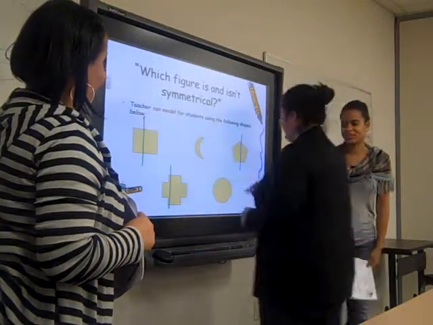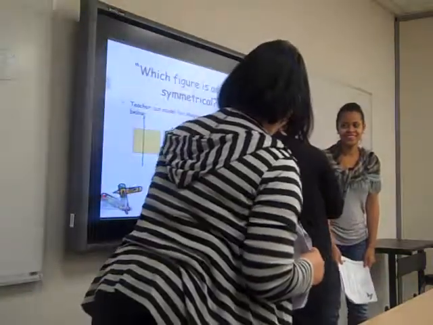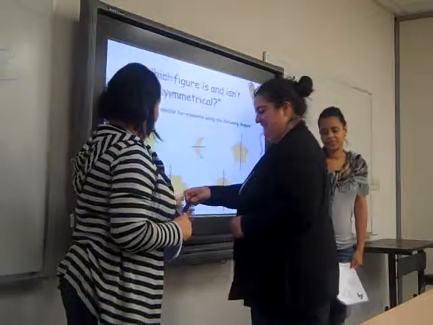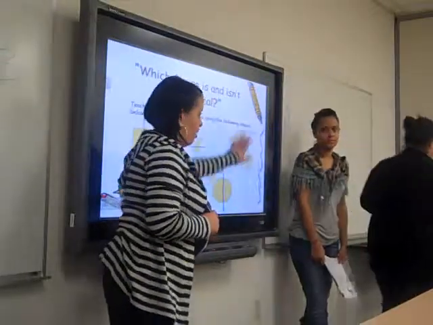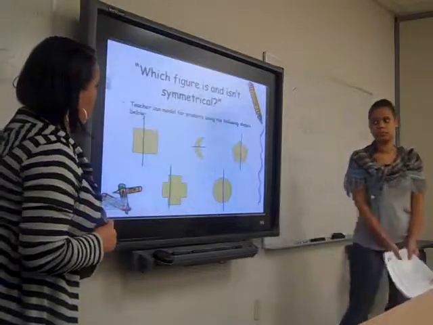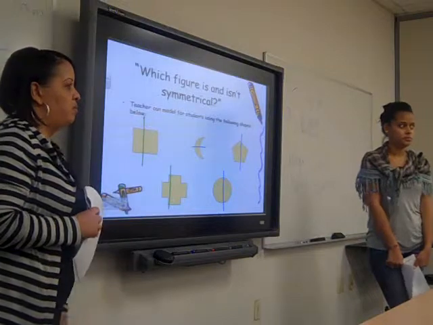You can do the circle if you want. All right, well, let me get the picture. Okay, there you go. So we'll just have a student come up and draw a line through one of the figures, and that's how we would assess to see if they understand what a line of symmetry is.